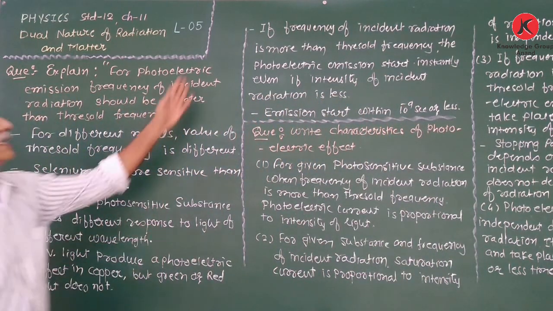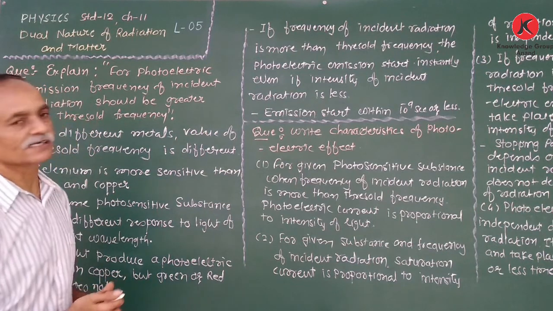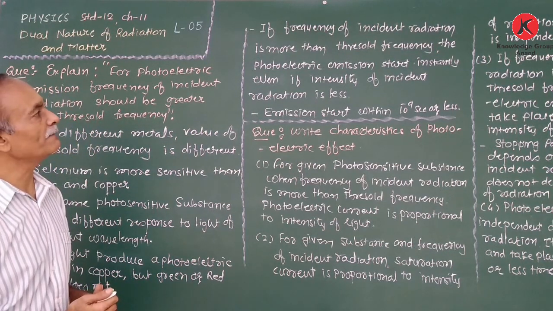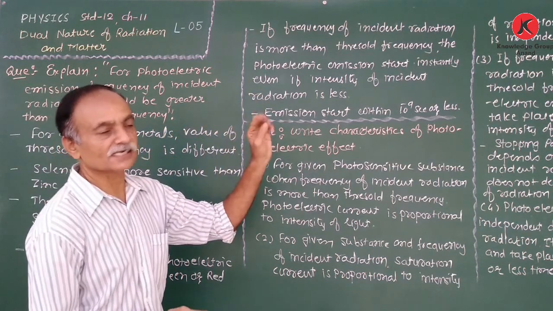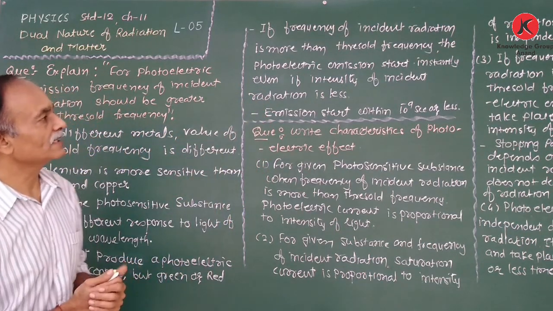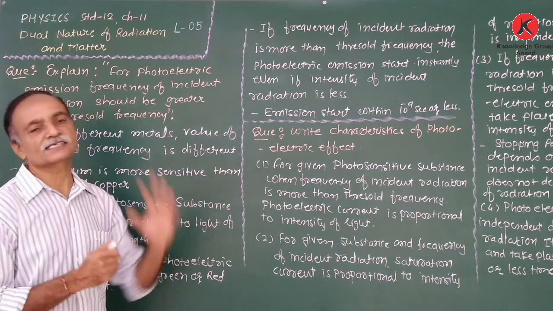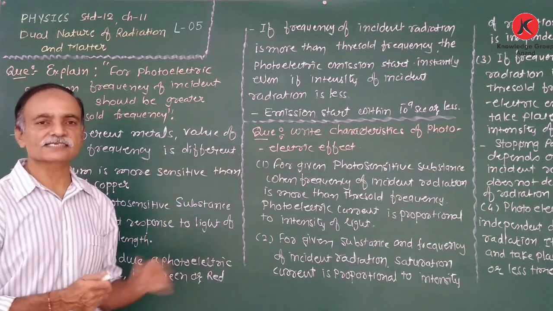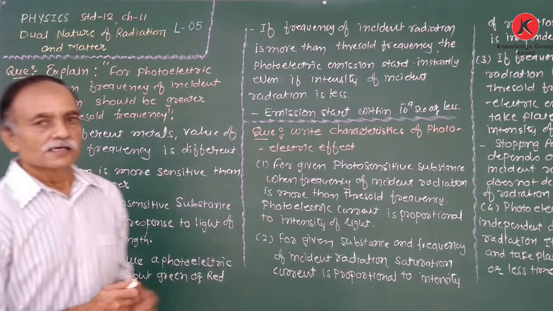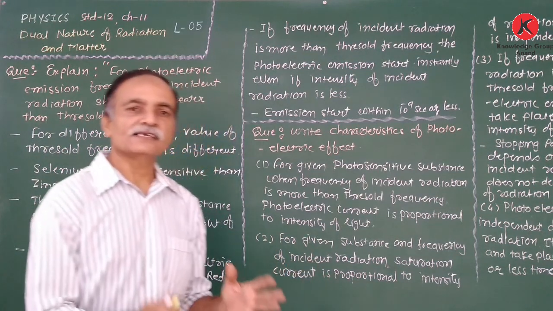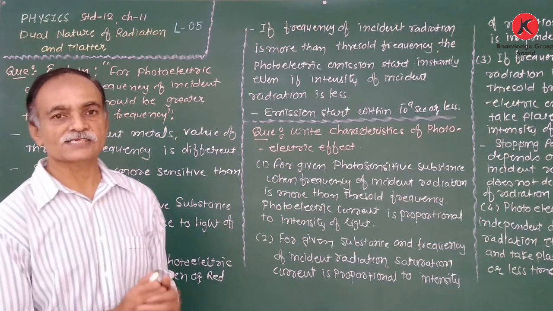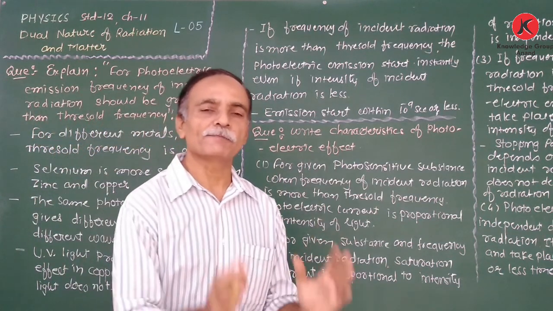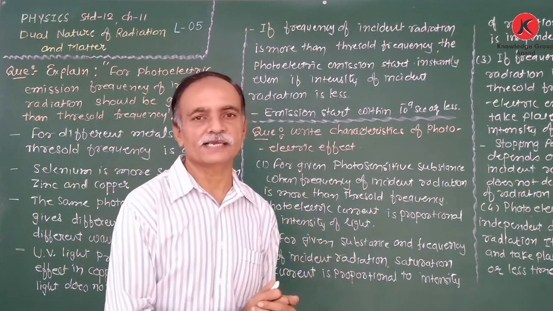Clear? Okay. If the frequency of the incident radiation is more than the threshold frequency, the photoelectric emission starts instantly, even if the intensity of the incident radiation is low. So this sentence suggests that photoelectric emission does not depend on the intensity of incident radiation. It only depends on the frequency of incident radiation.